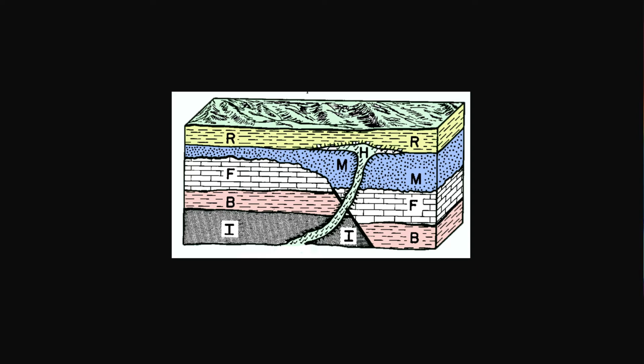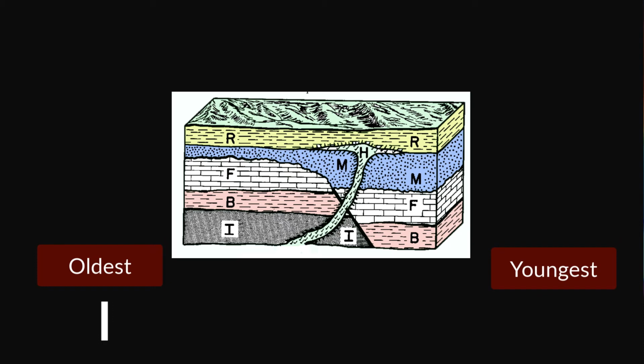In the second example, we see a slightly more complex situation. So reviewing the general layers and units in this particular example and working from the bottom up, we can begin by stating I is the oldest unit in this example.